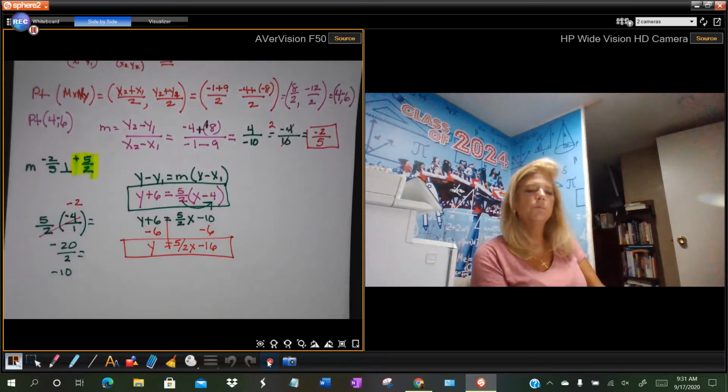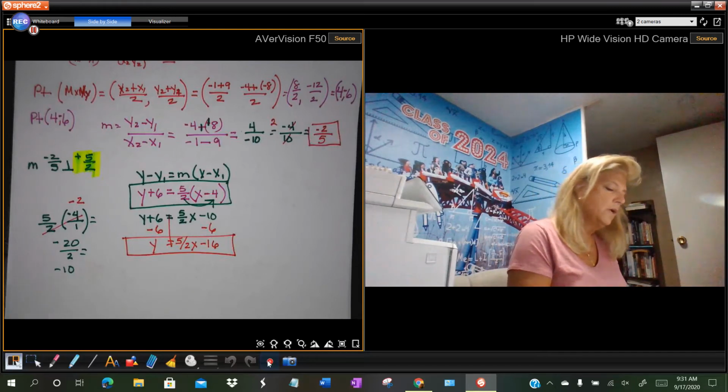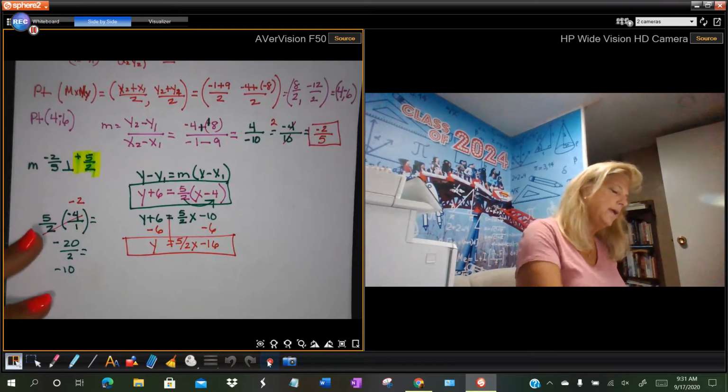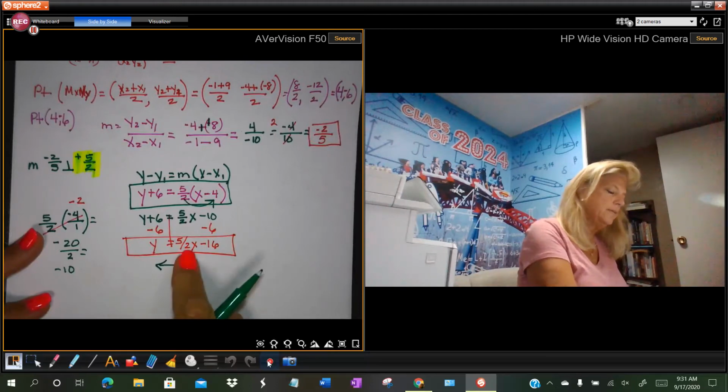And to bring it all home, they'll probably want it in standard form. So we said that standard form was moving the x's to the other side. We don't want it divided by a 2. We want the whole thing to be whole numbers, so we're going to multiply every piece.